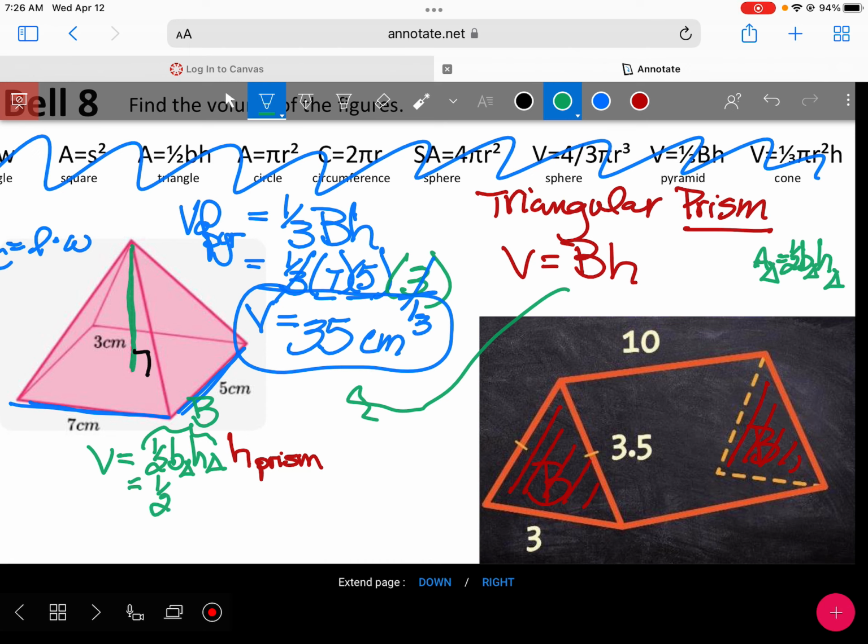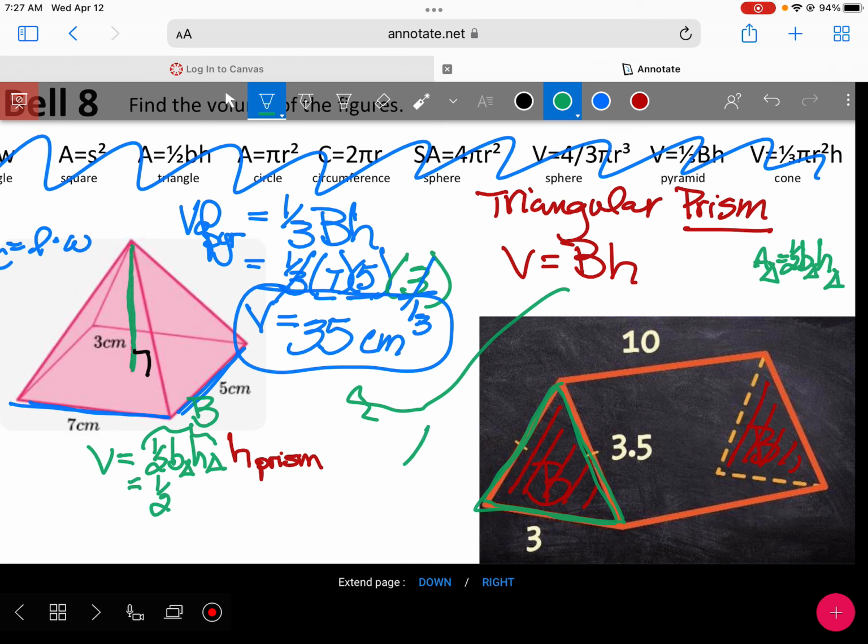So now let's substitute in 1/2. What is the base of my triangle? Like the bottom part of the triangle, only looking at the triangle. What's the base of my triangle? Like the measurement of it? Yeah. 3 times 3.5. No, just the base.